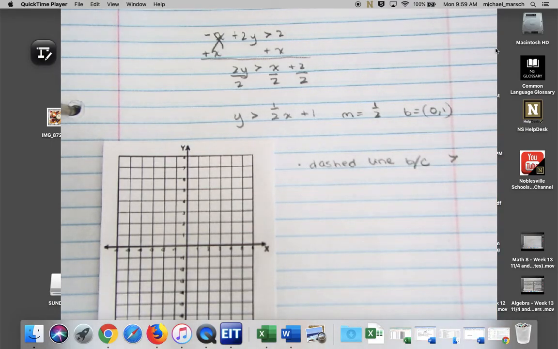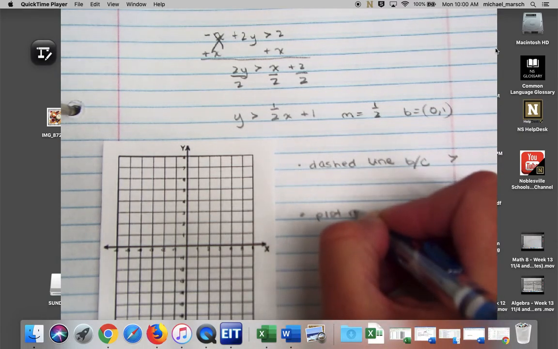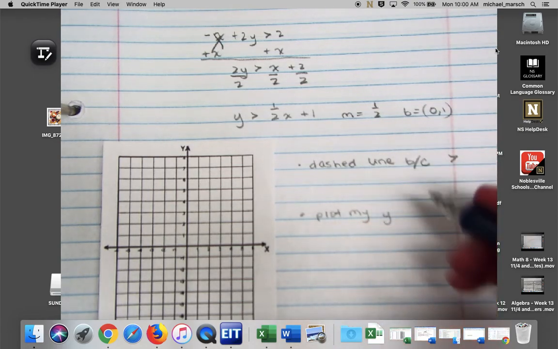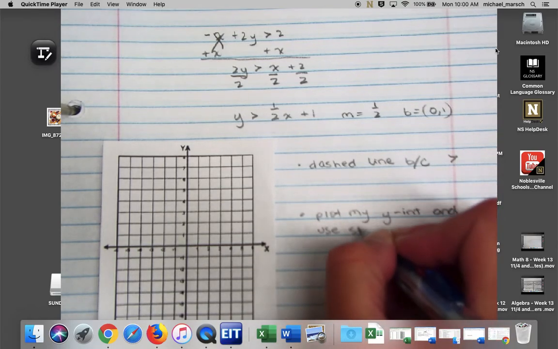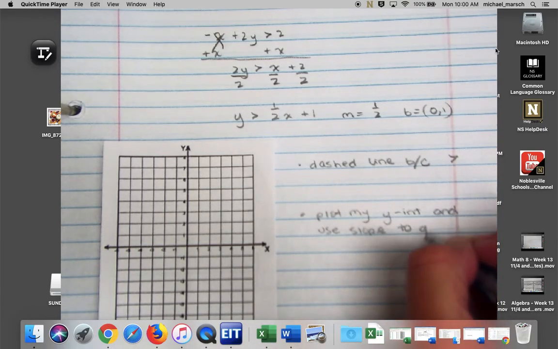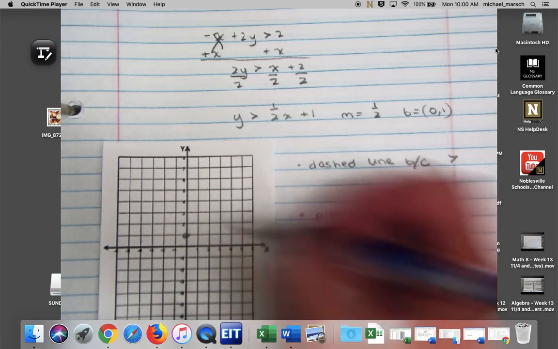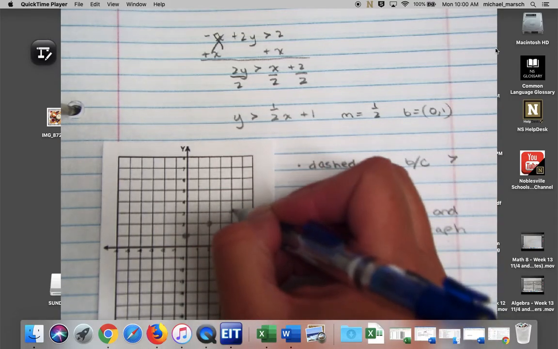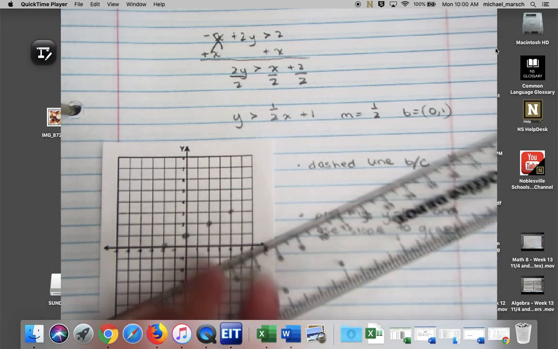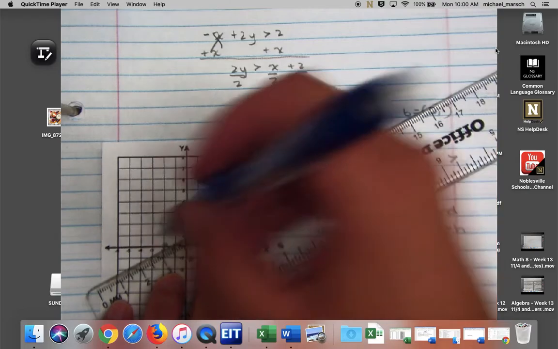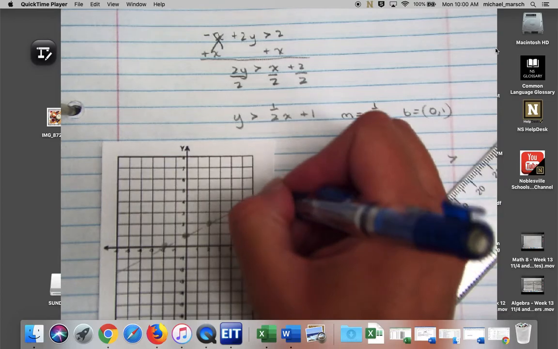So I'm going to graph the line, plot my y-intercept, and use my slope to graph it. My y-intercept is (0, 1), and my slope is 1/2, so up 1 over 2, up 1 over 2, maybe I go down 1, back 2, and then I'm going to connect these with a dashed line because it doesn't equal these values. Easy peasy.